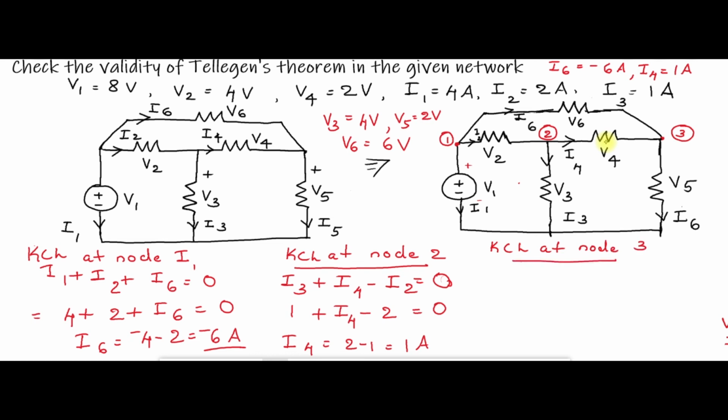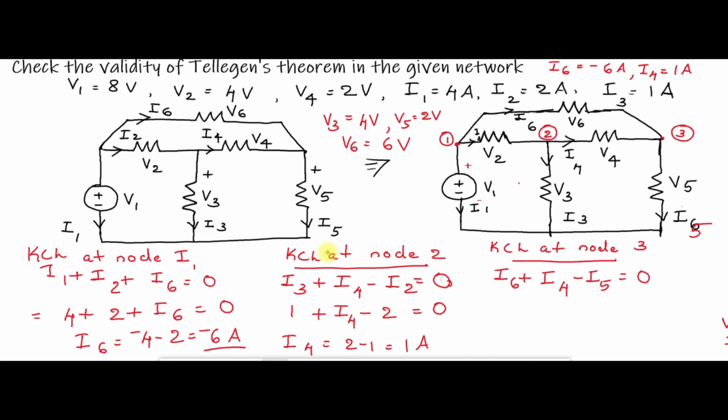At node 3 you can see this I6 is an incoming one, then this is I5, an outgoing one, and this I4 is also incoming. So I6 plus I4 minus I5 is equal to 0.